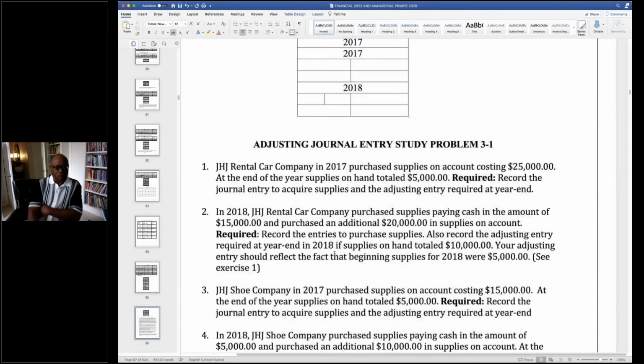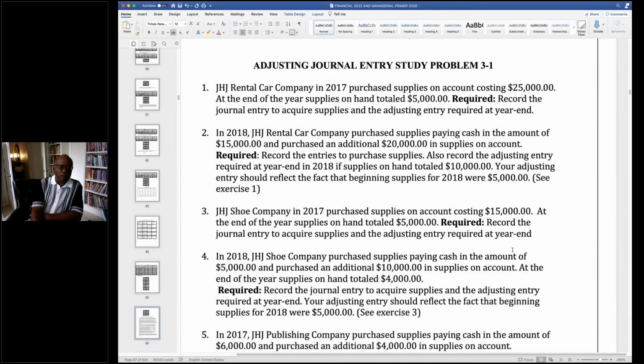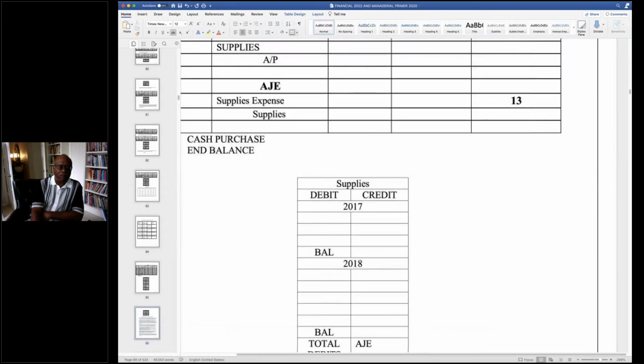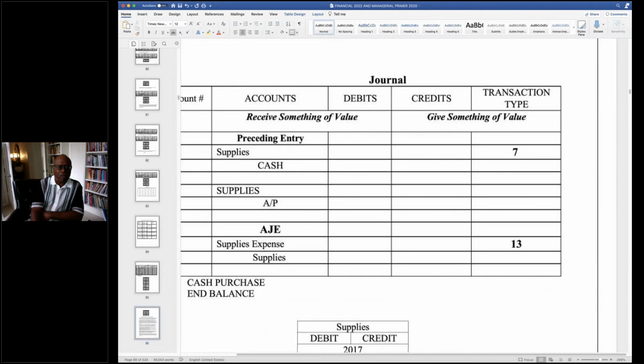Okay, so let's go to problem 3. What happened in problem 3? It says they purchased supplies on account costing 15,000. So the accounts would be supplies and accounts payable at 15,000.